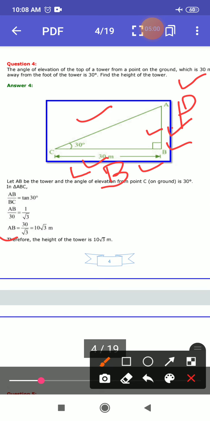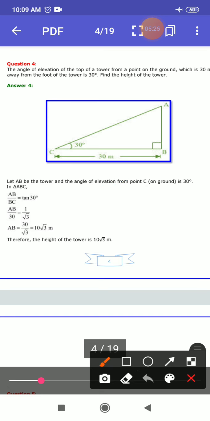So you multiply the denominator and numerator both by under root 3, and this value converts into 10 under root 3 after rationalizing. Clear? So the height of the tower is 10 under root 3 meters. So with the help of these steps you find the height of the tower in this question. Okay, I feel you understood how to work with this question.